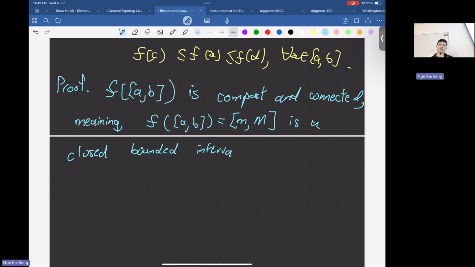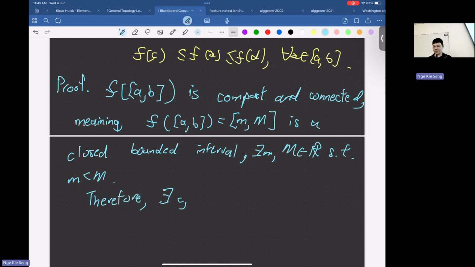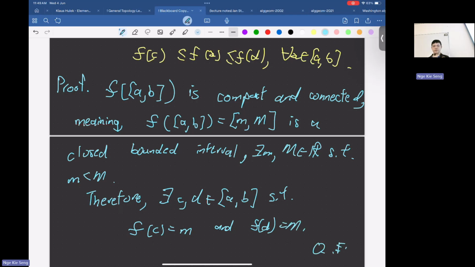But what does this mean here? If I write it like this, the image is equal to this set [m, M], right? This is a closed set, so something must achieve m and M. This means that there exist c, d in [a,b] such that f(c) equals m and f(d) equals M. So we're done.